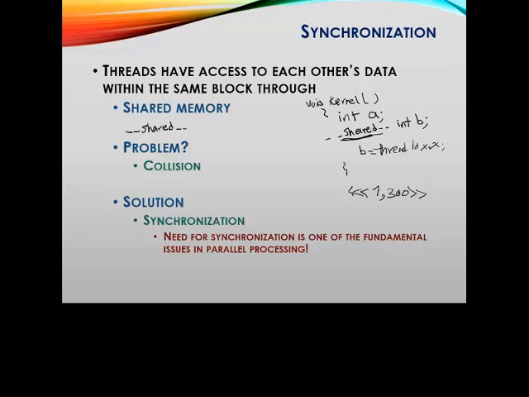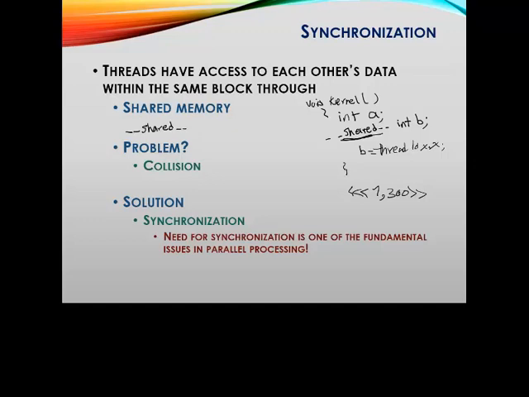And if I want all threads to be able to start at the same point in time, the only means for me to be able to do that is through synchronization. So synchronization is one of the fundamental issues in parallel processing, and especially when we have shared memory accesses, when we have a part of memory that all of the threads will have access to, and they want to work with each other to be able to solve and address the specific problem that we're working with.